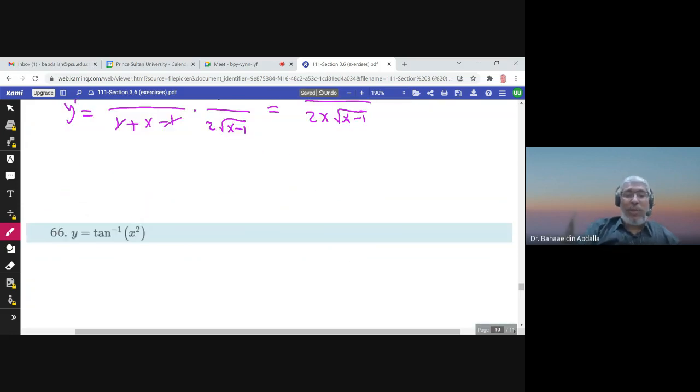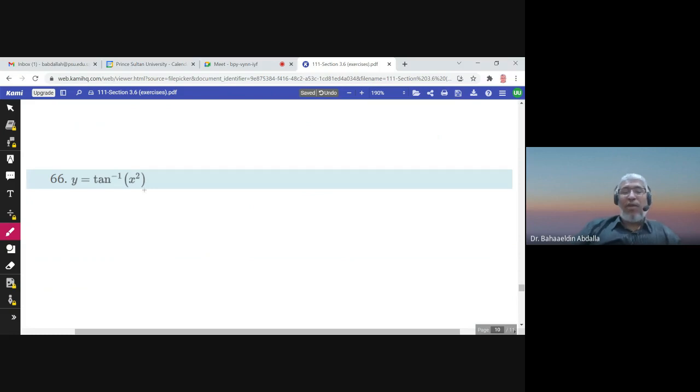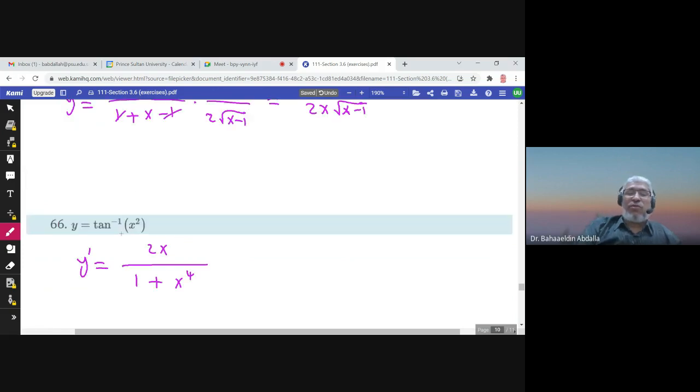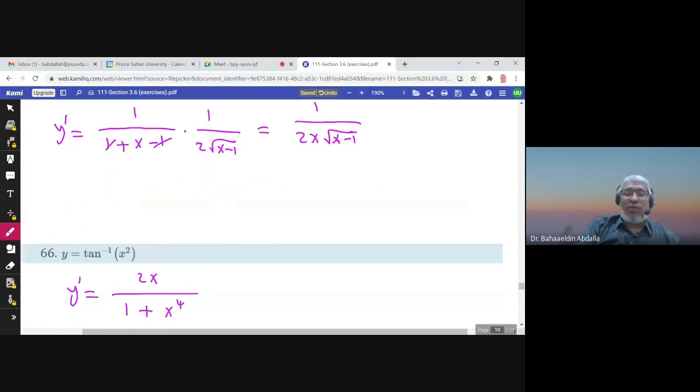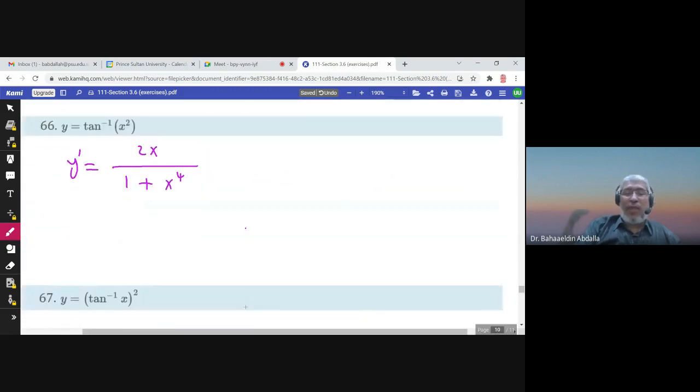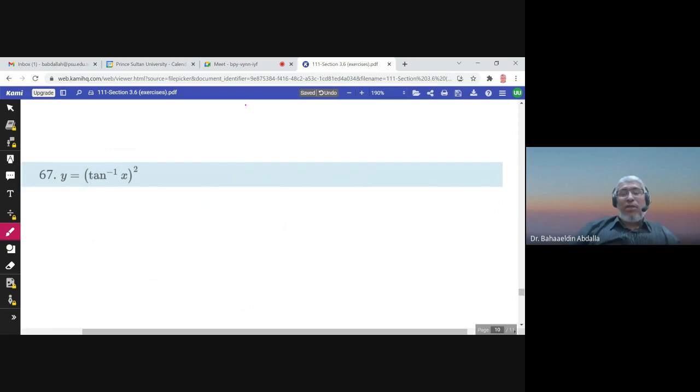This is y prime. Same formula, but u is x squared. So 1 plus the square of x squared, which is x to the power 4, and then the derivative of x squared, which is 2x. That's the formula. 1 plus u squared times u prime. Now here I have tan inverse x to the power 2.